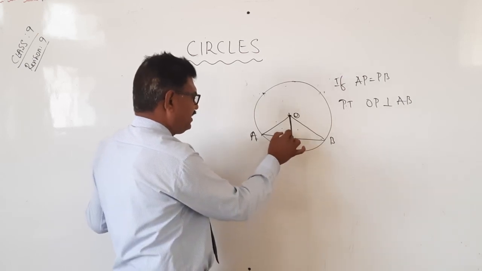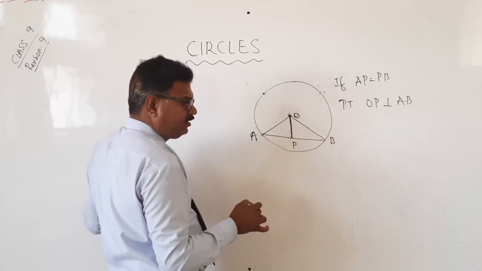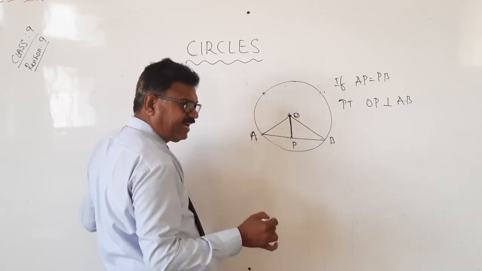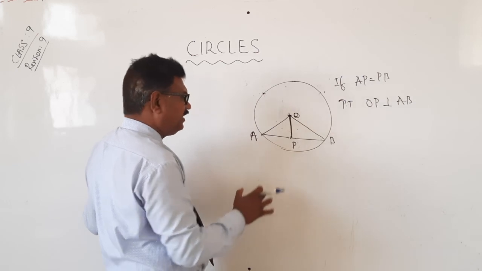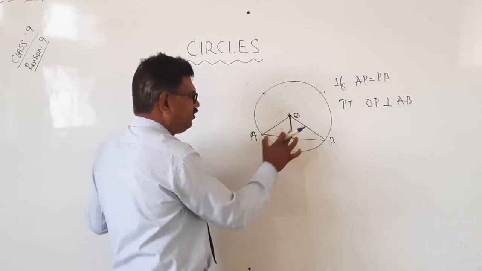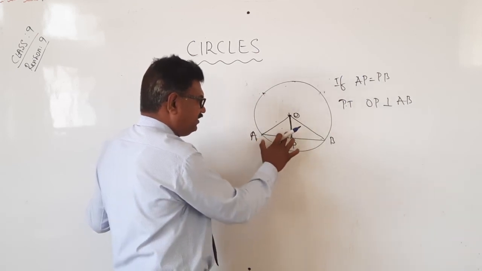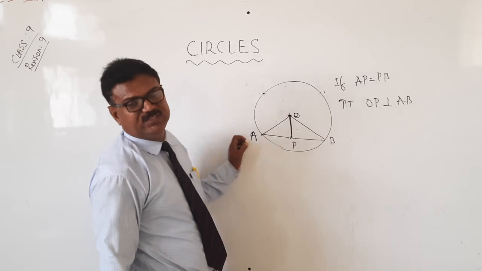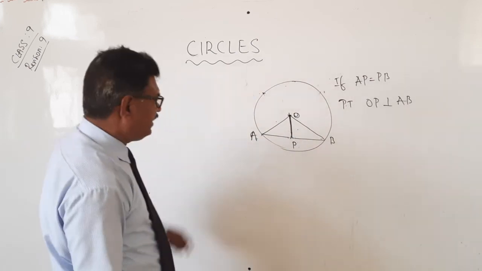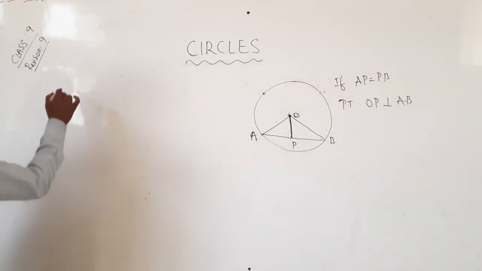Therefore, this angle equals this angle, but AB is a straight line. Therefore, the sum of the angles at this point is 180. Therefore, this plus this equals 180, but this is also equal to this, therefore 2 times this is equal to 180. This will be equal to 180 by 2, which is nothing but 90 degrees. Okay? We will prove like this.